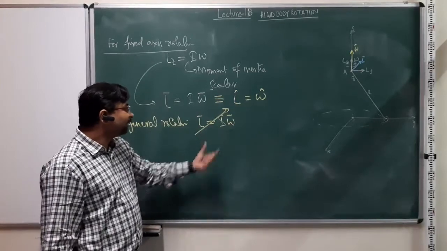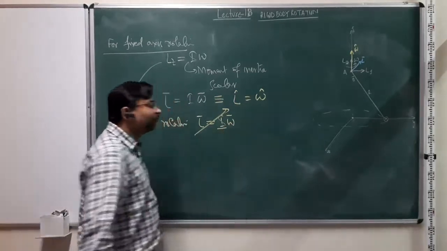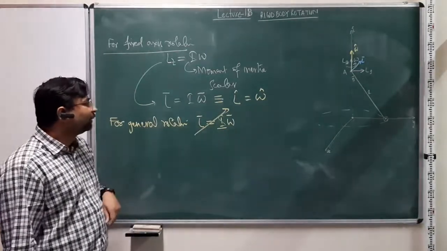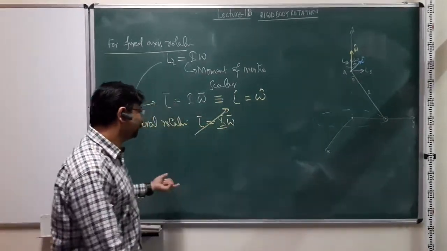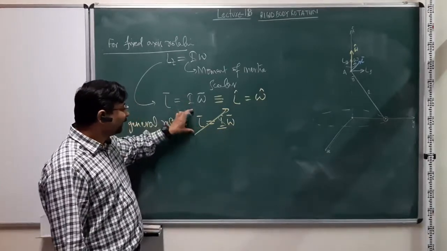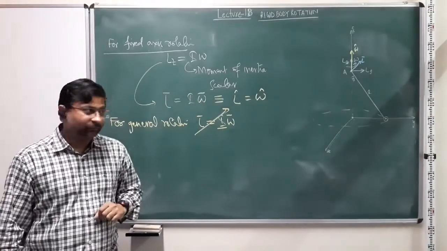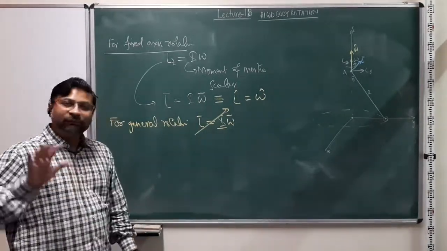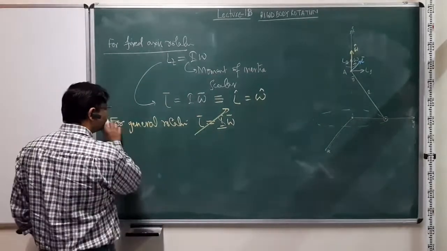And if the directions are different, then we cannot simply multiply a scalar to a vector and get that. So now we have to find a proper relationship between the vector L and the vector omega. To do that, we'll start with the definition of angular momentum.